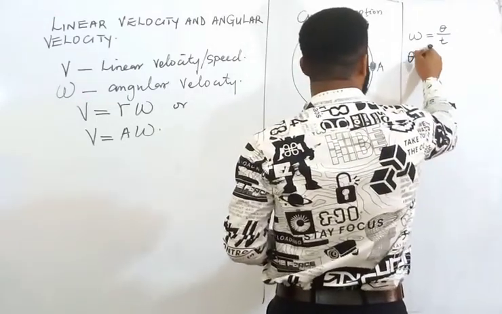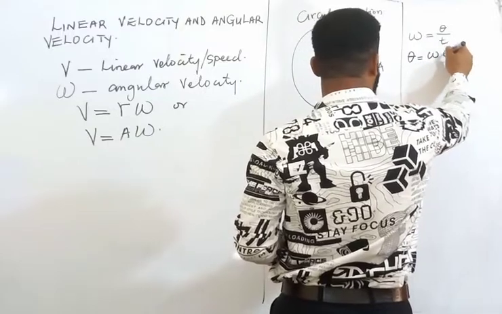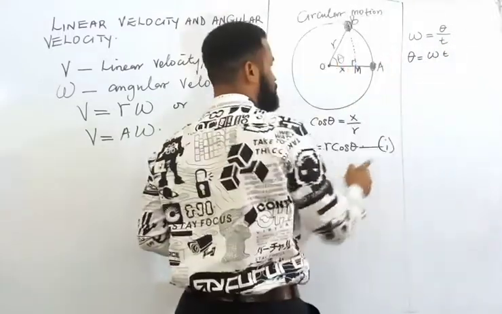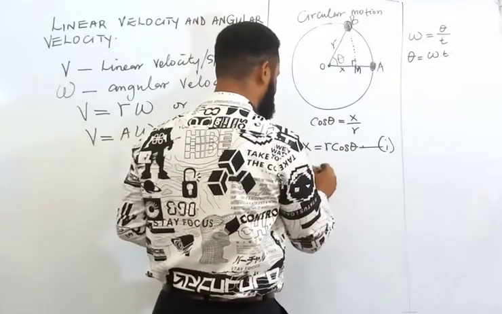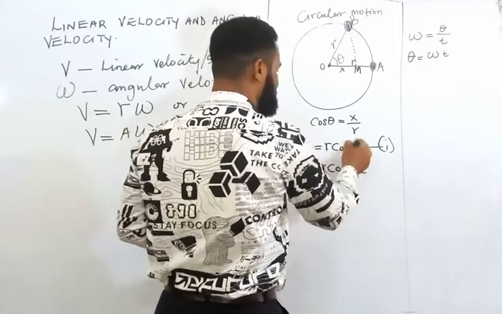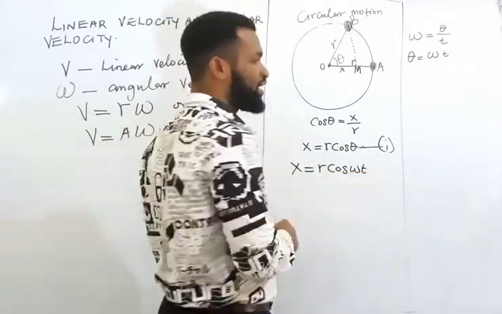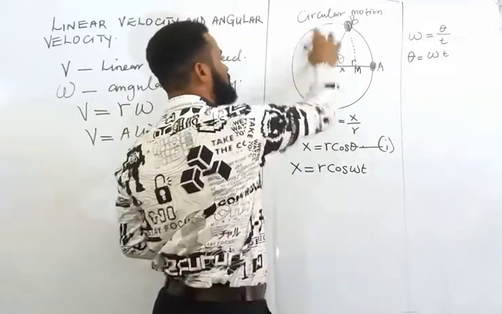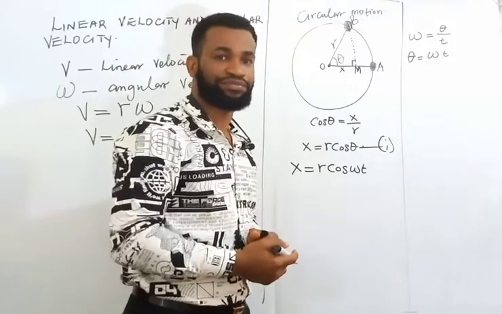Therefore, theta is given as omega multiplied by t, omega t. I am going to substitute this in equation 1. So I'm going to have x is equal to r cos omega t, removing theta and replacing it with omega t. So this is another function for a body in a circular motion and also undergoing simple harmonic motion.